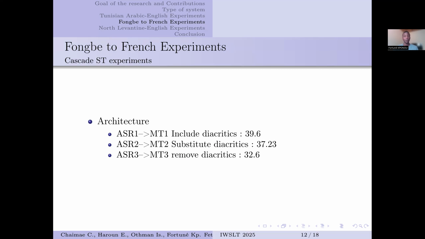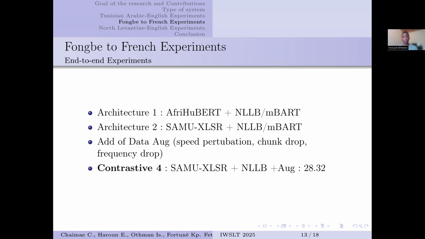At the end, we associated the ASR1 with the MT1, the ASR2 with the MT2, and the ASR3 with the MT3. And we obtained our best system in the case where we include the diacritics, which gave us the BLEU score of 39.6.